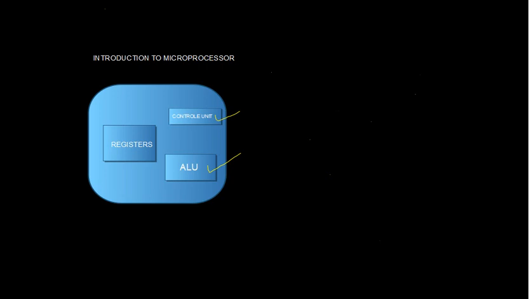That means which operation has to be done by the ALU is controlled by the control unit. Now the third part is registers. Registers are the storing elements which store the operands on which the operation has to be performed. Okay, now we will see in detail about these three parts.